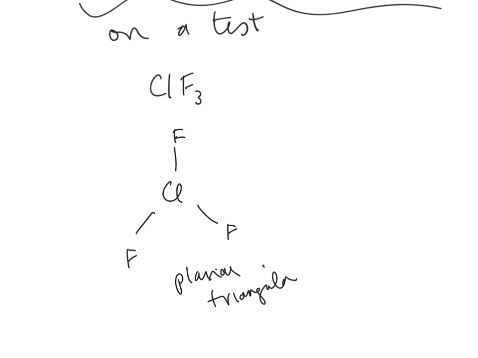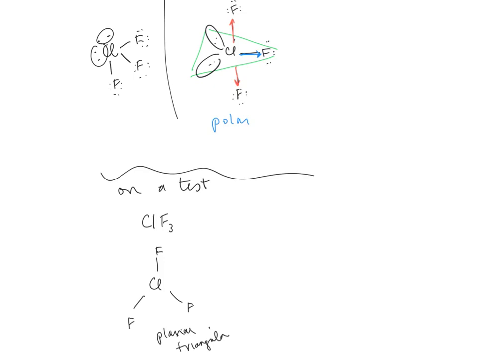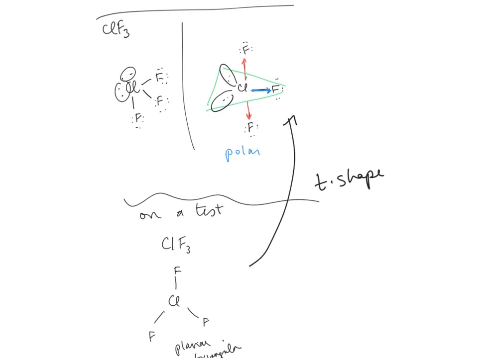But it's not, okay? It's not at all. It's T-shaped, right? And you don't know that unless you have done your Lewis structure, right? And students make this mistake all the time. And usually if you've got a whole set of these you're working on, usually there's more than one for which, if you had not done your Lewis structure, you would not have come up with the correct structure.